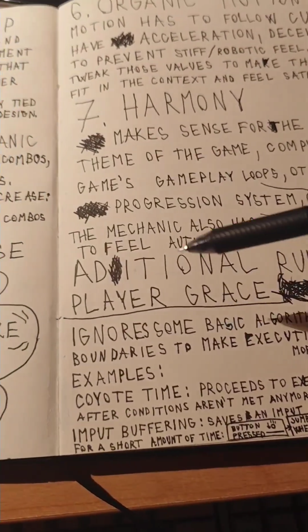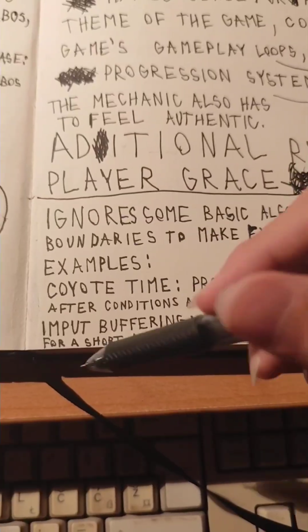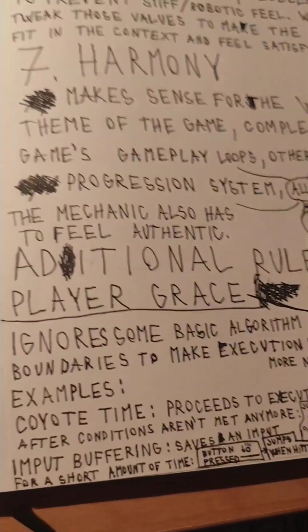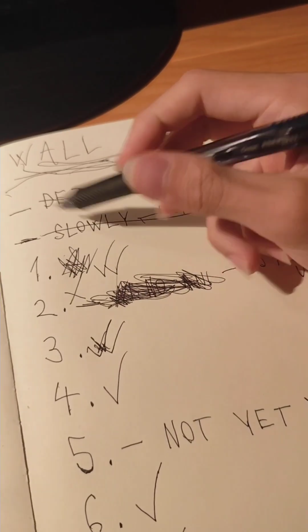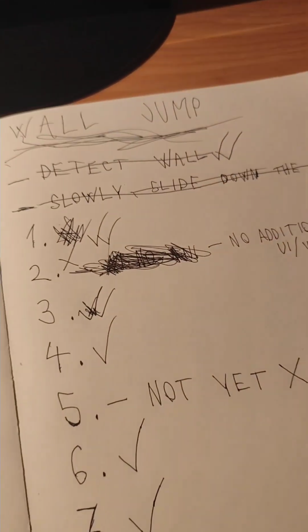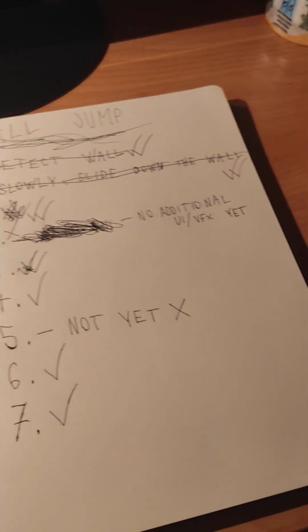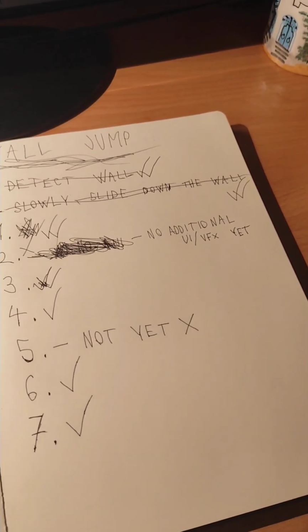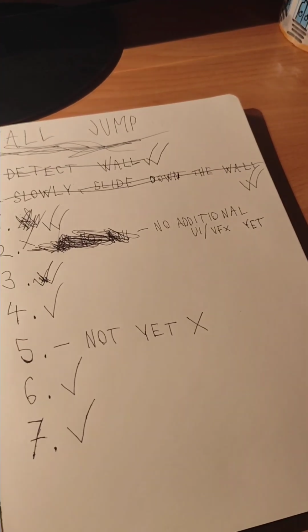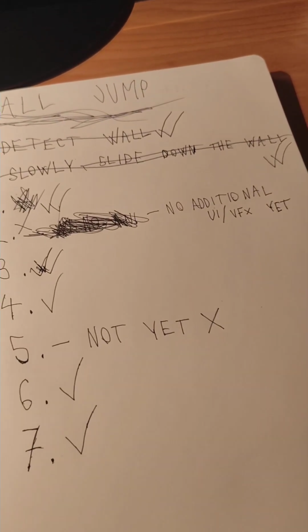This additional rule is basically coyote time and input buffering, which we did. That also kind of adds to the first rule, so that's already checked. Which means all I have to do still is make an animation, add some particles, sound effects, visual effects, and that's it.